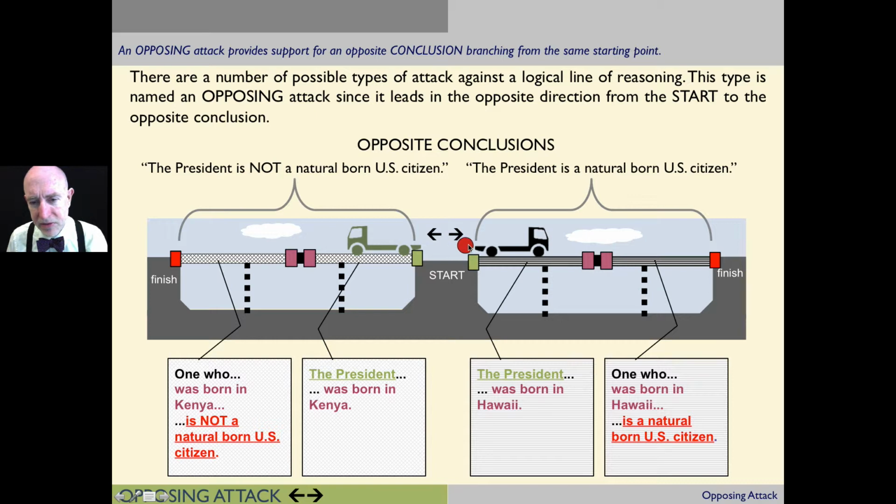But you can't have 100% certainty going in this direction and also the other by the same person.